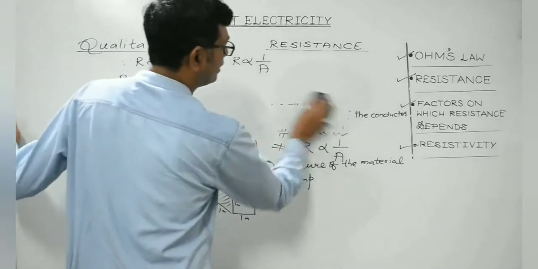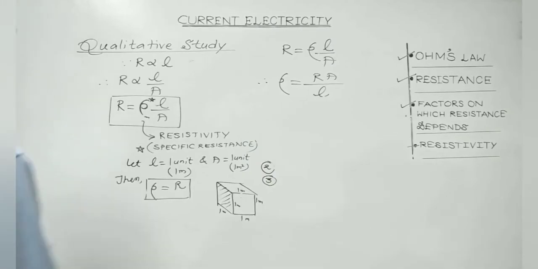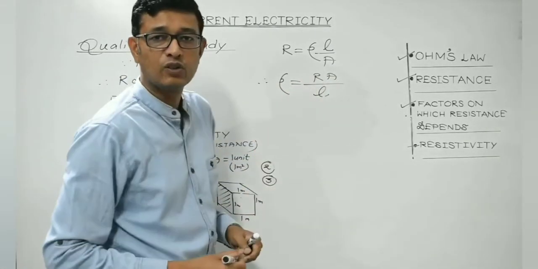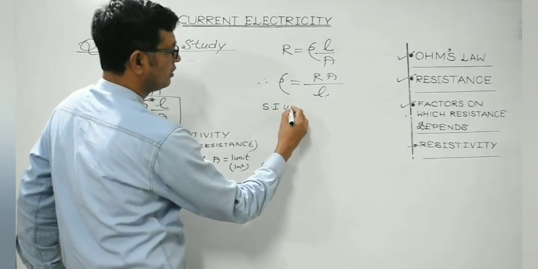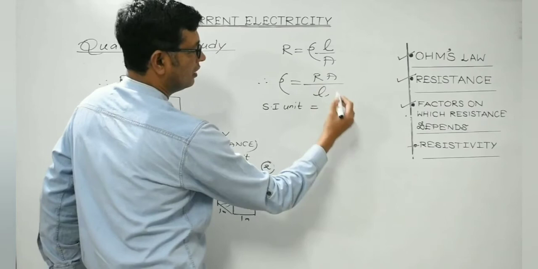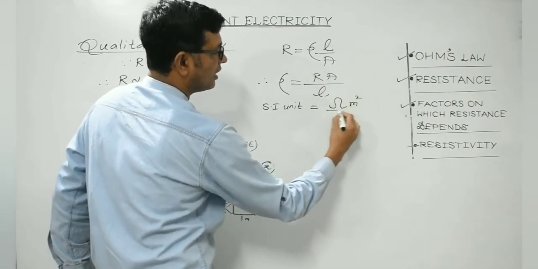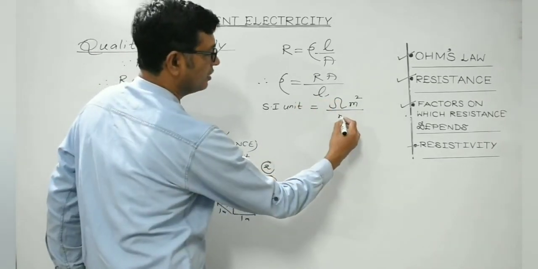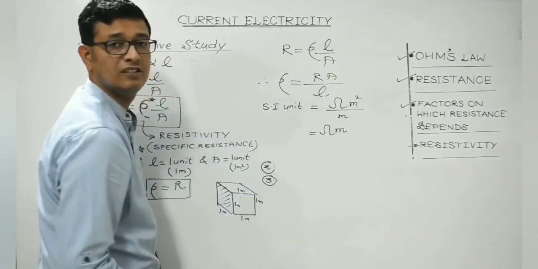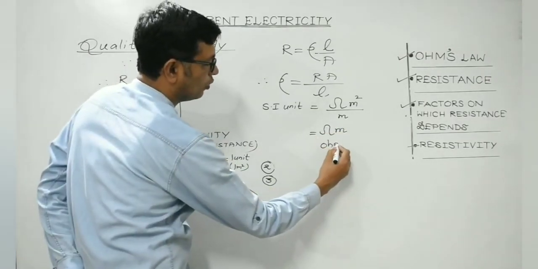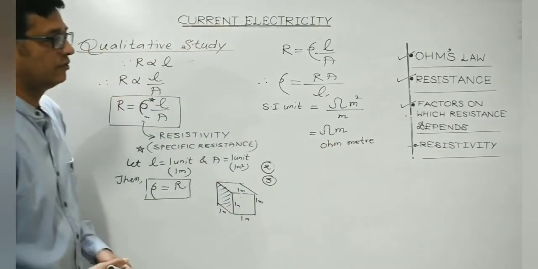The formula for resistivity is rho equals RA by L. SI unit of resistance is ohm, SI unit of area is meter square, and SI unit of length is meter. So what you get is SI unit of resistivity is ohm meter.